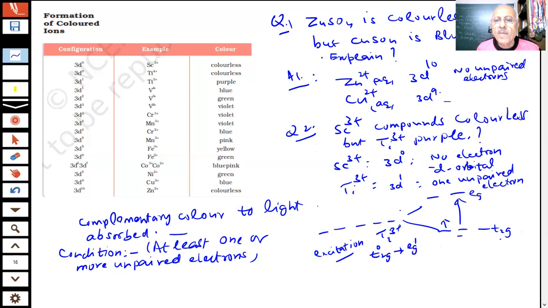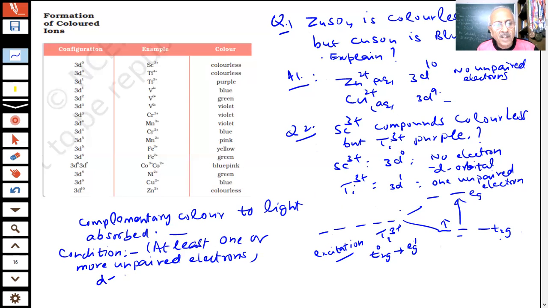So the color can be explained, students, on the basis of the absorption of light in the visible region due to the d-d transition. Very, very important. This is called d-d transition.